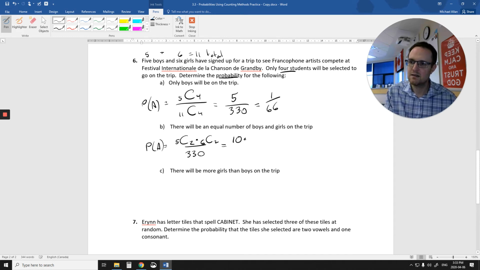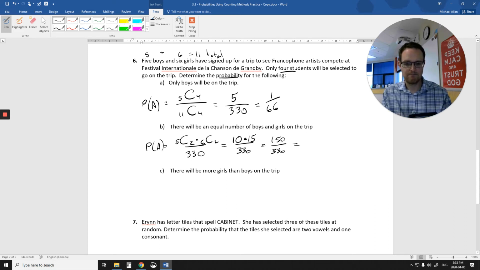So 150 over 330. It's actually way more likely this will happen, just less than 50%, 5 out of 11. Just reduce those down.